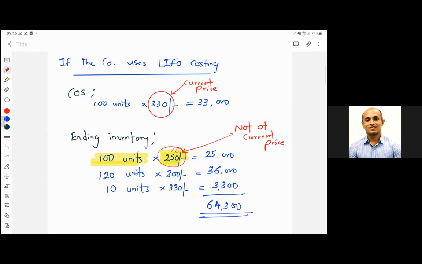So instead of 250, you can apply 315, the average current year price. Then you can calculate the inventory value: 31,500.